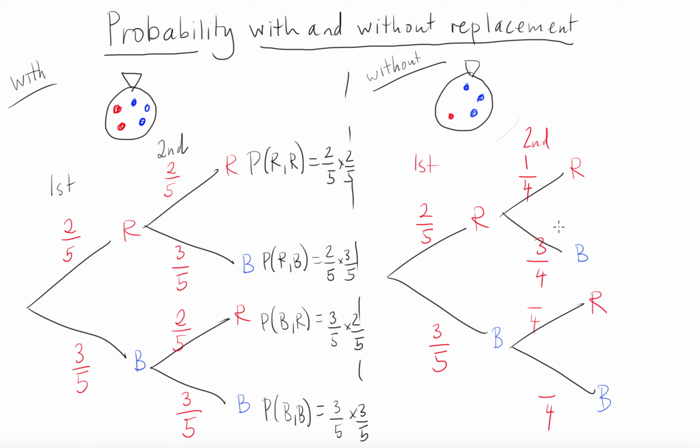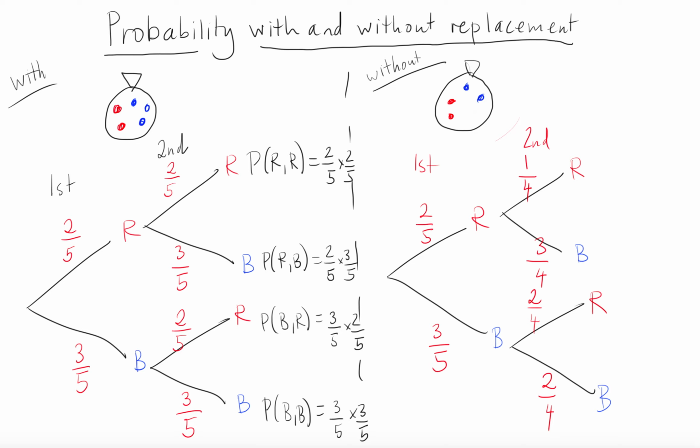So given that I've drawn a red ball, the probability of drawing a blue is 3/4. However, if I draw a blue ball on the first round, then I lower the total to 4 still, but I have 2 red balls left and 2 blue balls, so the probabilities change.